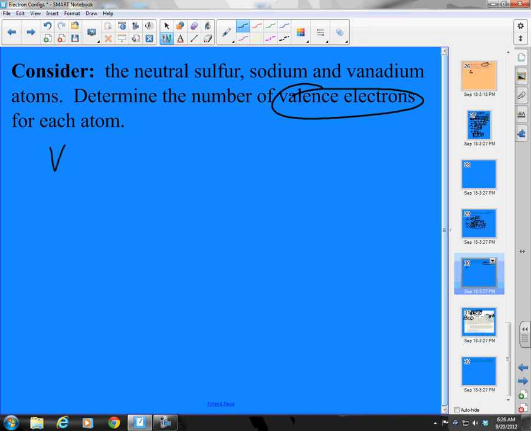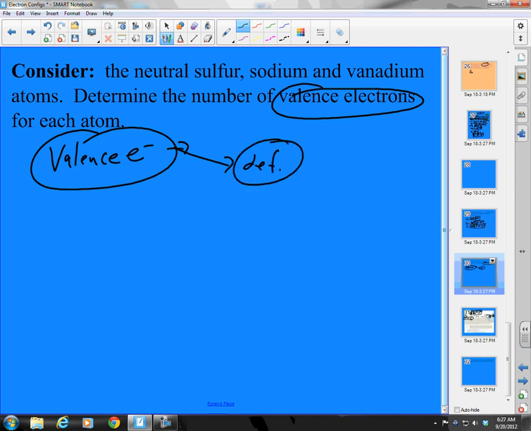What are valence electrons? Valence electrons are very important to us. First of all, let's define them, with our kind of concept map. For the definition: they are electrons, usually. You'll find some exceptions later, but for us, this is what we're going to say.